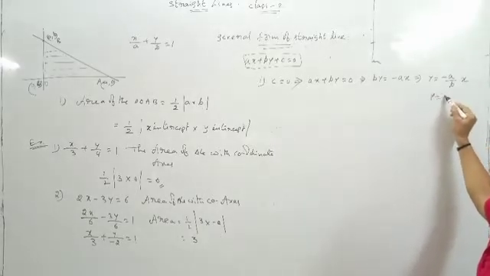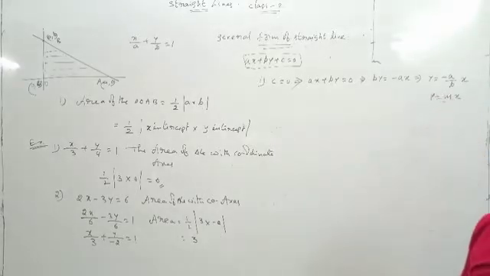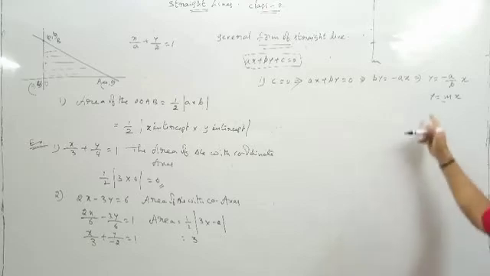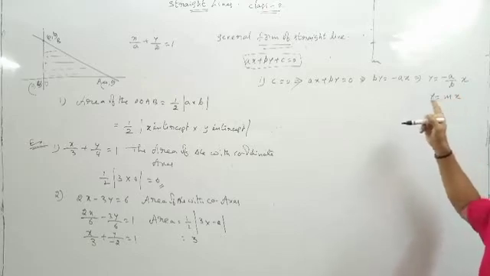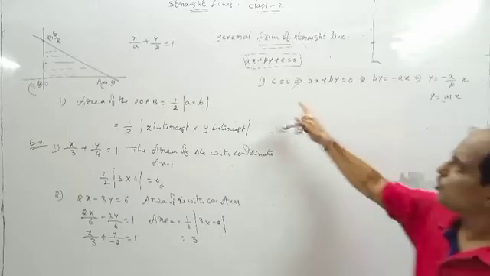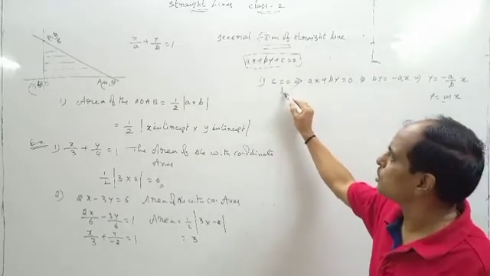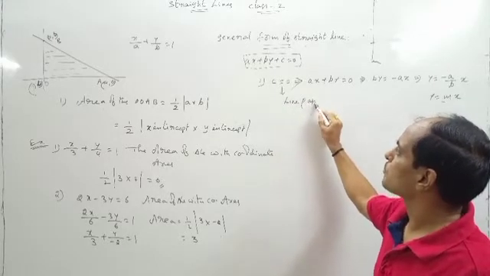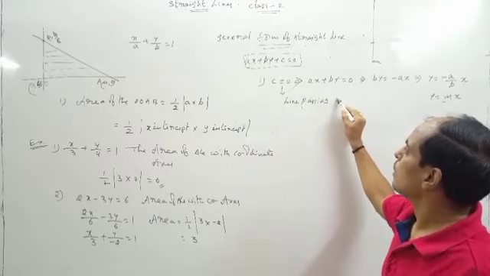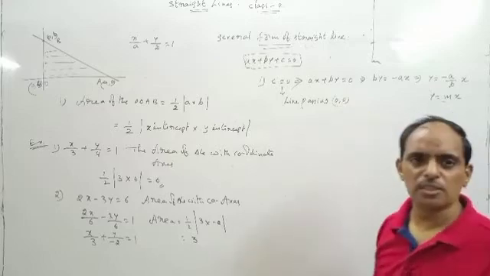This is of the form y is equal to mx. So y is equal to mx is a straight line which is always passing through origin. So whenever c is equal to 0, line passing through origin.